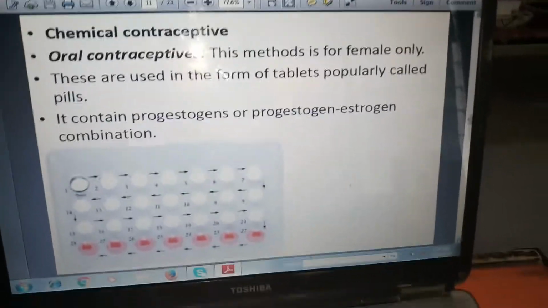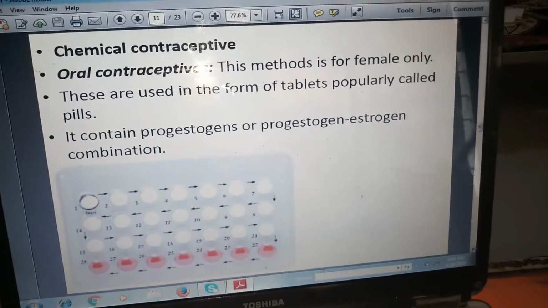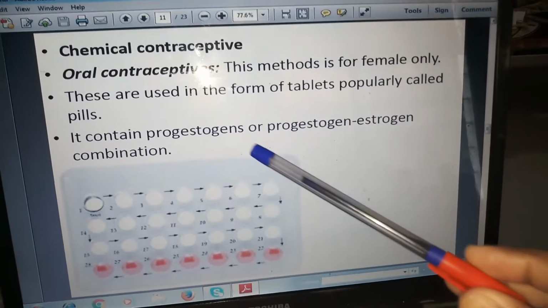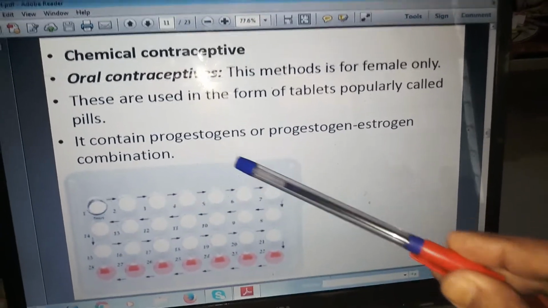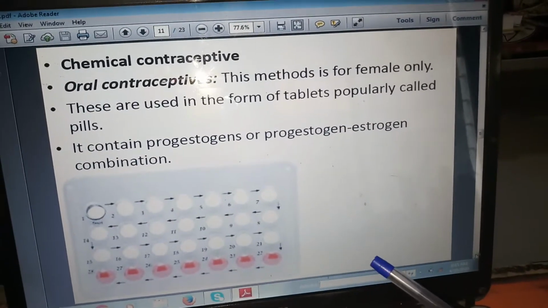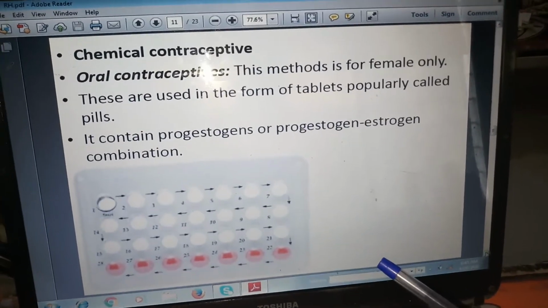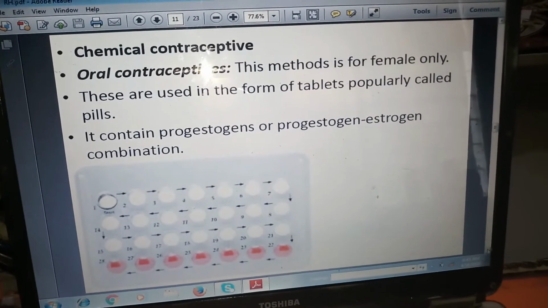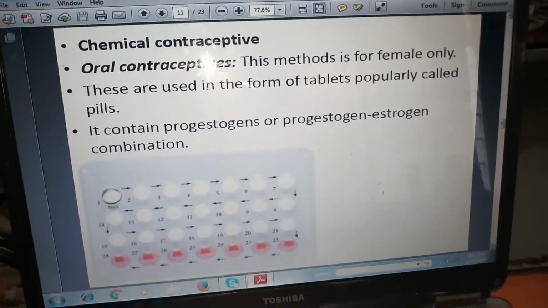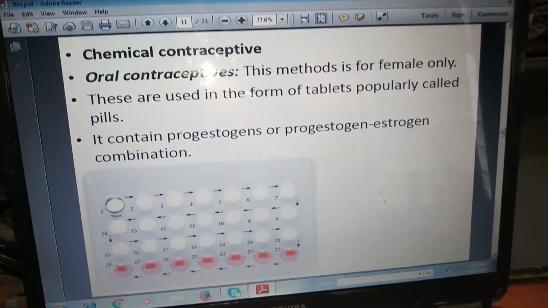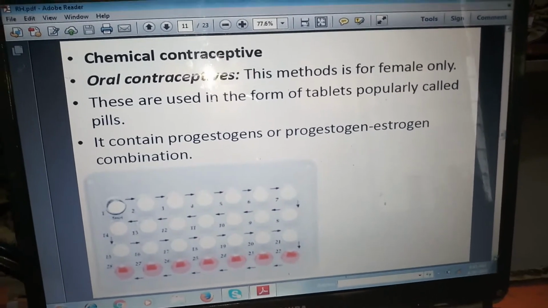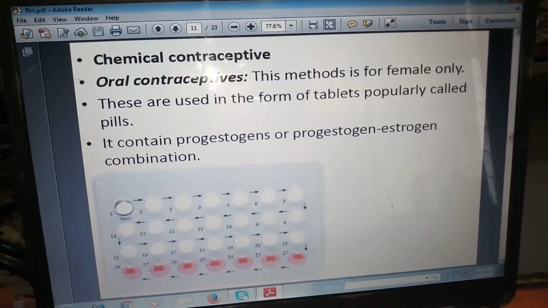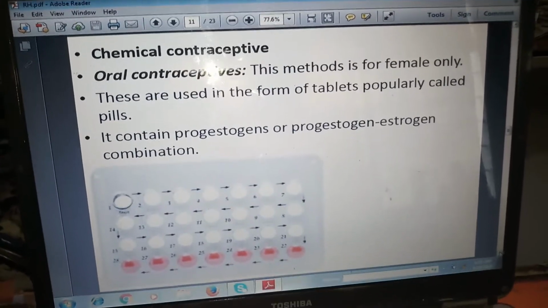Oral contraceptives are based on hormonal therapy, that is they contain female sex hormones like progesterone or a progesterone-estrogen combination. It means that oral contraceptives, that is pills, are based on the hormone progesterone alone or a combination of both female sex hormones, estrogen and progesterone.